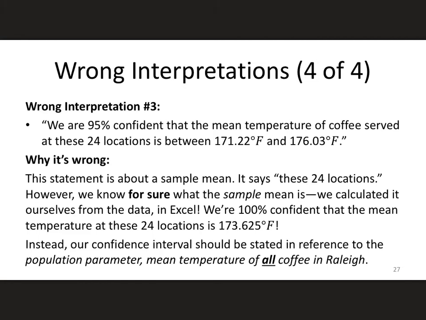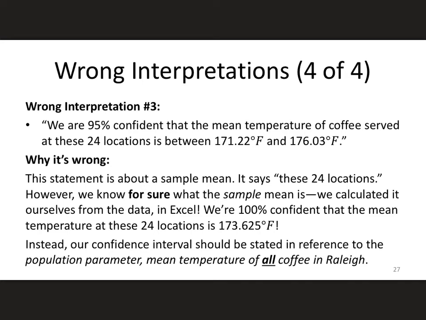The third interpretation said we are 95% confident that the mean temperature of coffee served at these 24 locations is between 171.22 degrees Fahrenheit and 176.03 degrees Fahrenheit. This statement is about a sample mean, and it says these 24 locations.